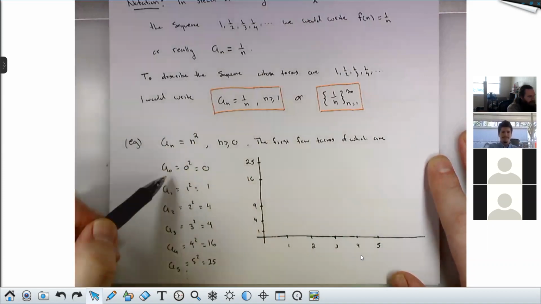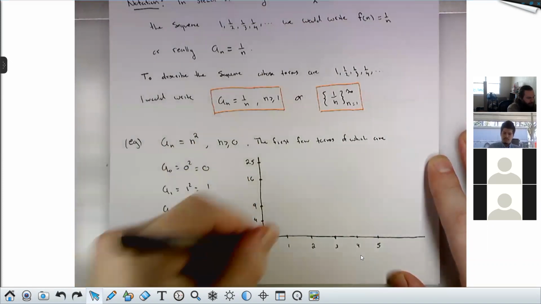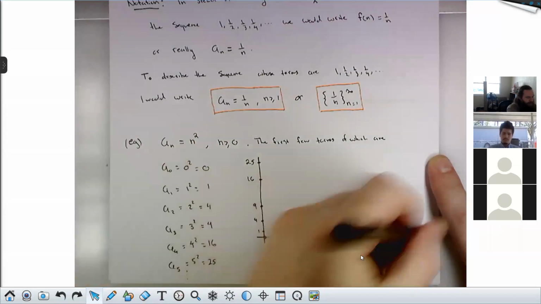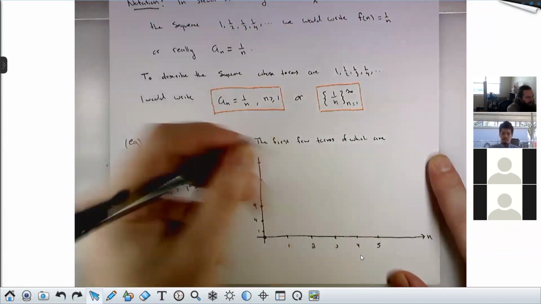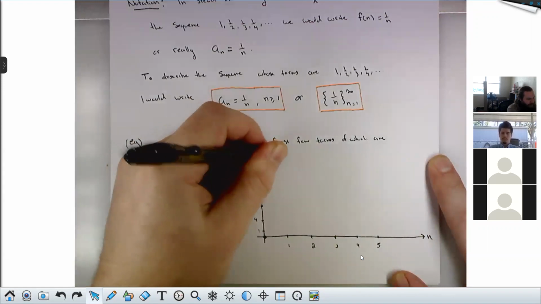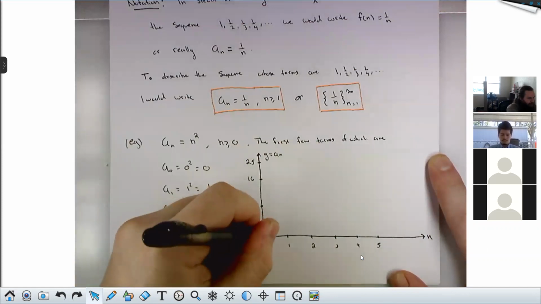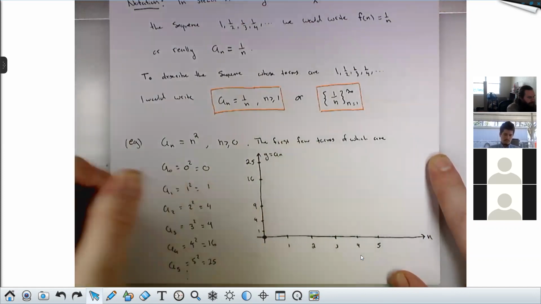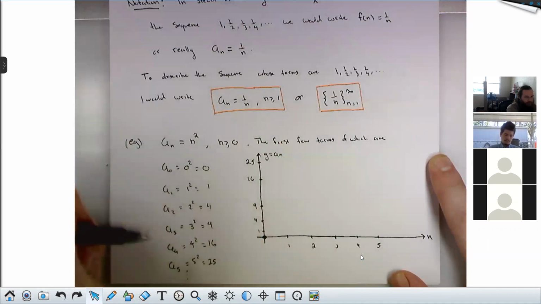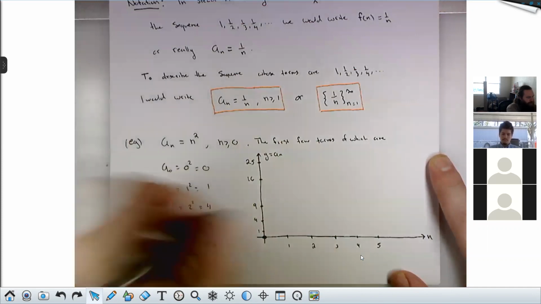So the first ordered pair that's on my graph is 0, 0. So this is my n axis, and this is the graph y equals a_n. 0, 0, because when n is 0, the output is 0. 1, 1 would be on my graph, because when n is 1, the output is 1.